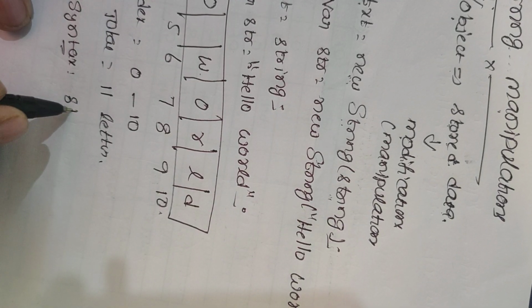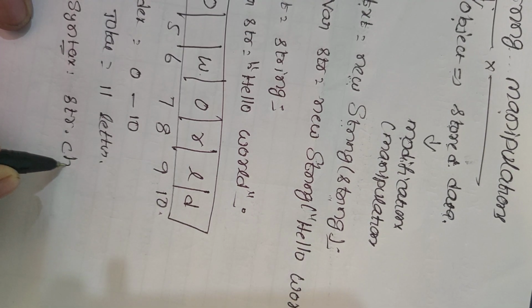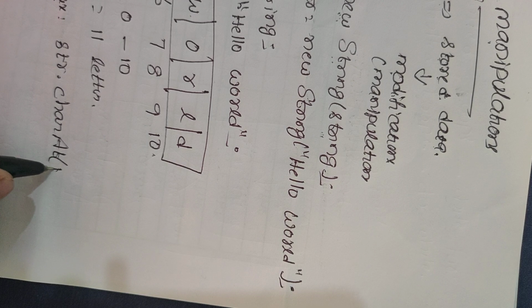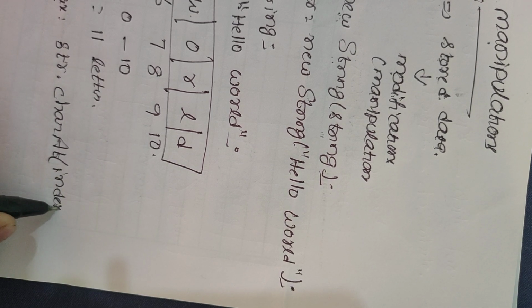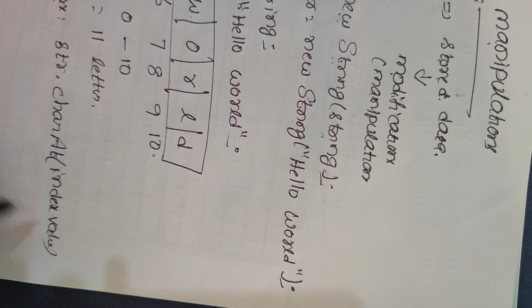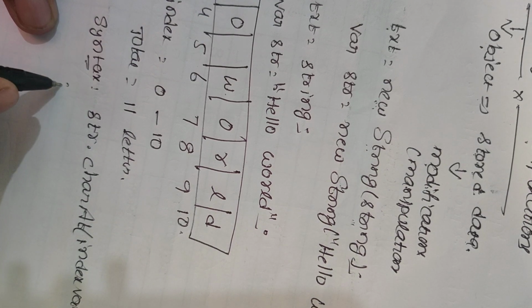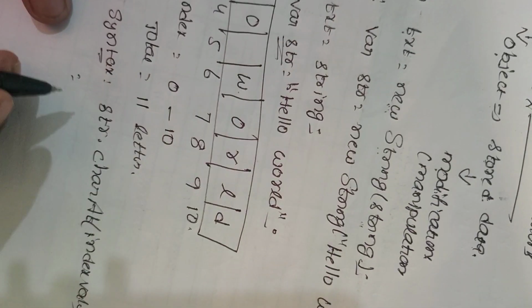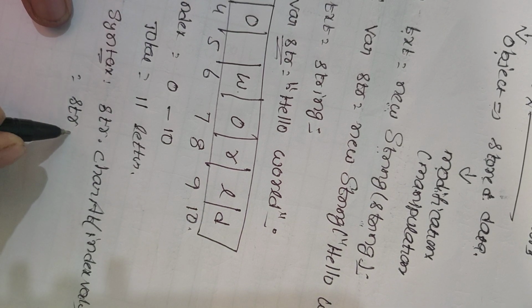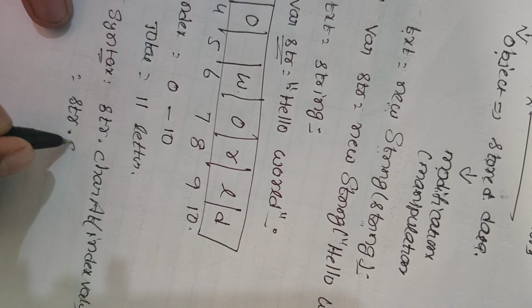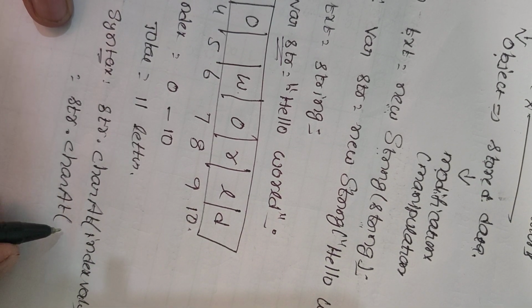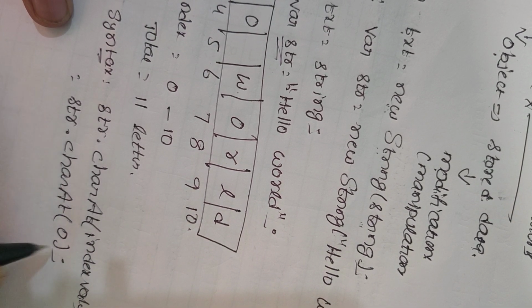Syntax: str.charAt, and after that we write the index value. Here str is an object, so that's why I'm taking str, it is a string, then after that charAt, and in brackets I will take 0.